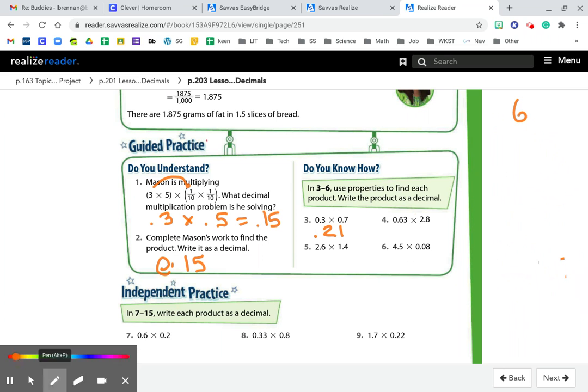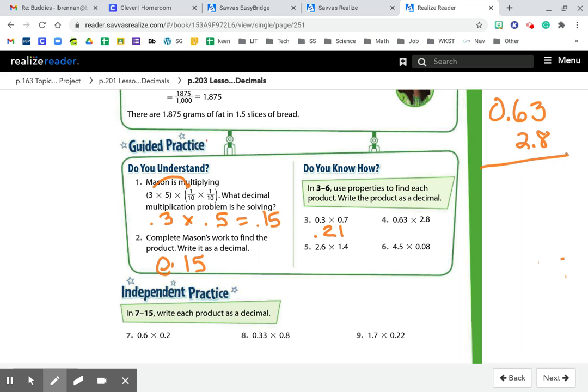So 63 and 2.8. 8 times 3 is 24. Carry the 2. 8 times 6 is 48, plus 2 is 50. 2 times 3 is 6. 2 times 6 is 12. 4, 6, 7, 1. Well, that looks better.